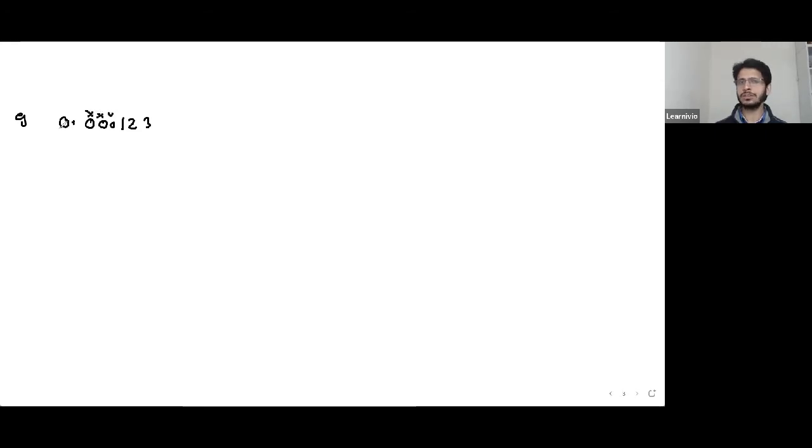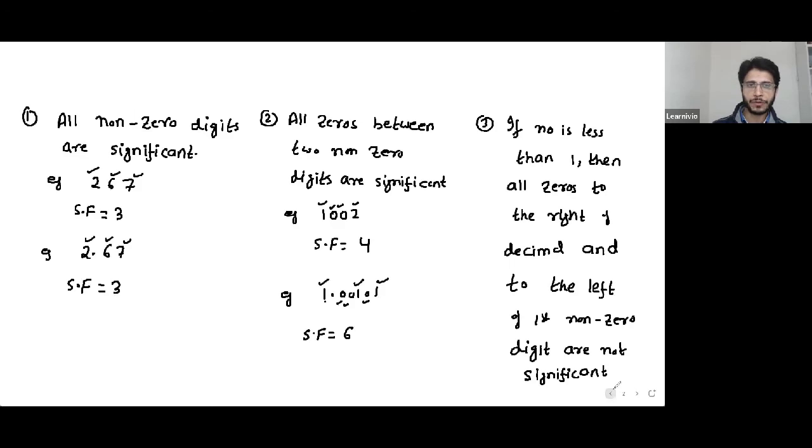And this 0, this is never significant. So in a number, non-zero digits are always significant. We have issues with zeros only. So if you have zeros between two non-zero digits, then they are significant.